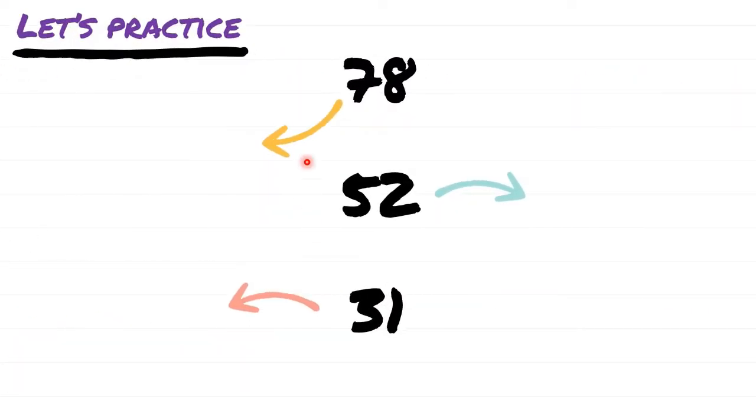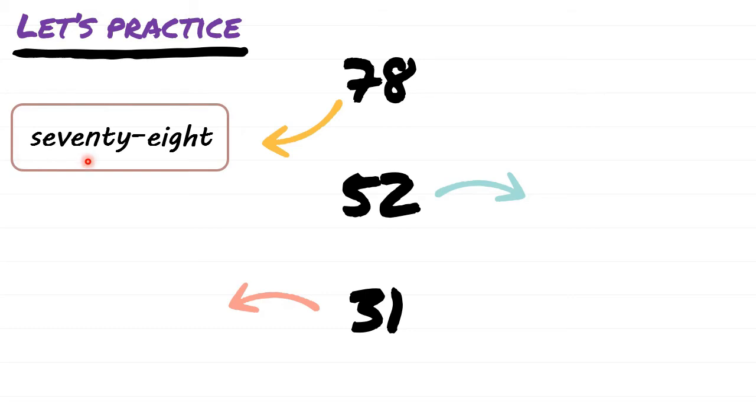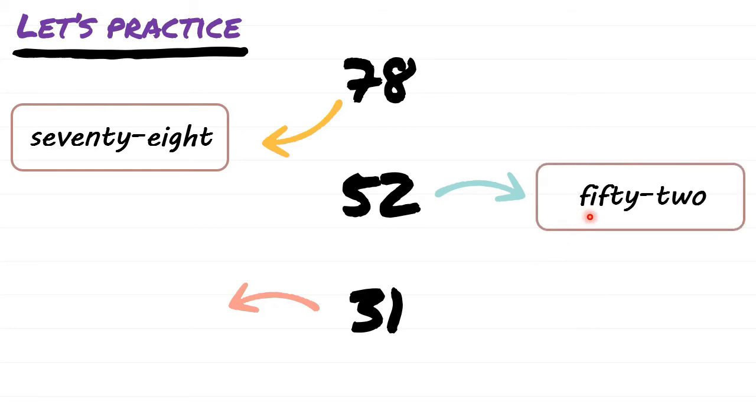Let's look at the first number, 78 atau 78. This is how you spell 78. The next one is 52. Remember, the first is 50 and then the second number is 2. So it becomes 52.